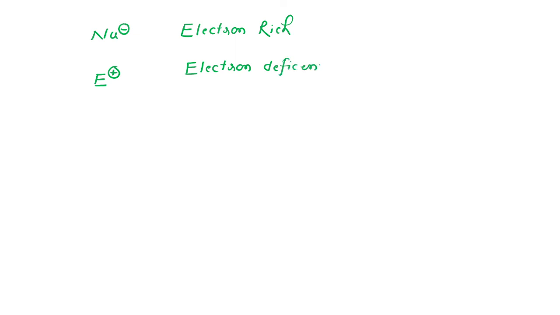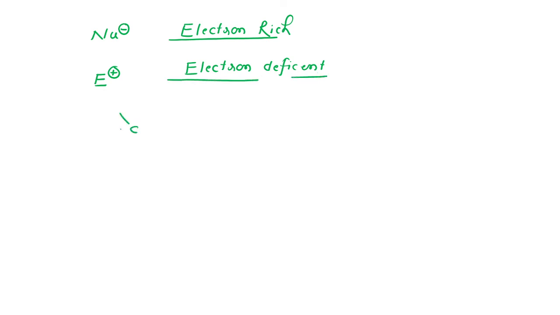Now another most important thing, I want to tell you about nucleophile and electrophile. Nucleophile means electron rich species, and electrophile is an electron deficient species. Definitely it will attack the reaction intermediate.